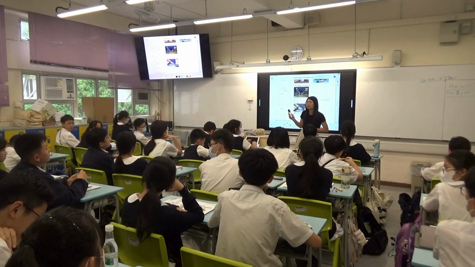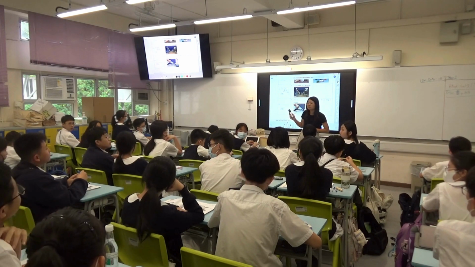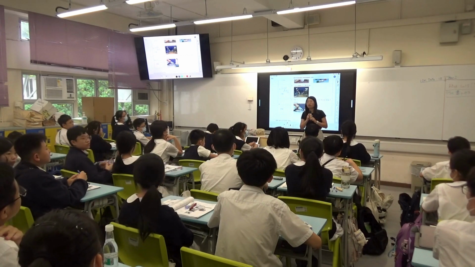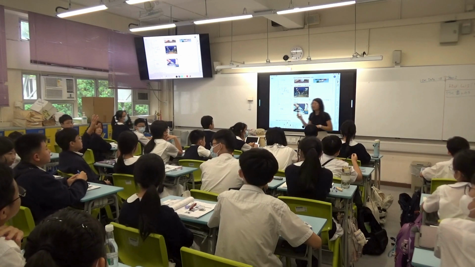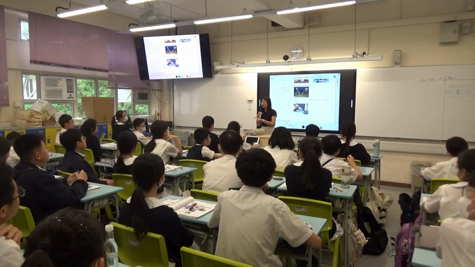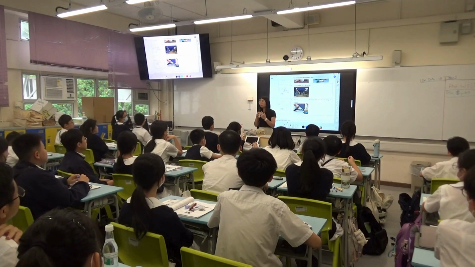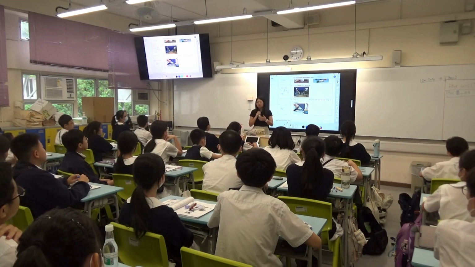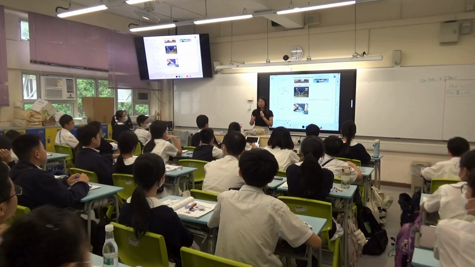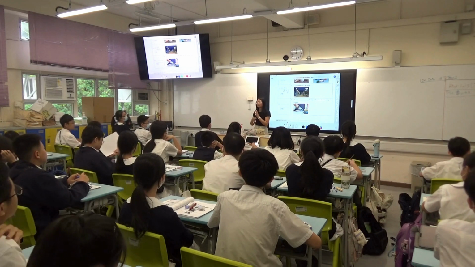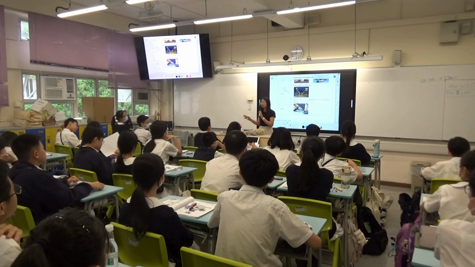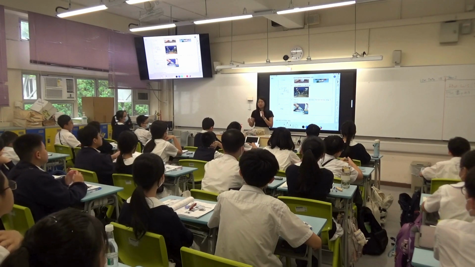But if the lamps all go off, we can still see. Why, when the lamps all go off, can we still see? Maybe because of the moonlight. Yes, there's still light, but it's from the moonlight. And do you know what the source of the moonlight is? Reflected from the sun. Yes, that's correct. So even though it's night and all the lamps go off, there's still some light energy from the sun.